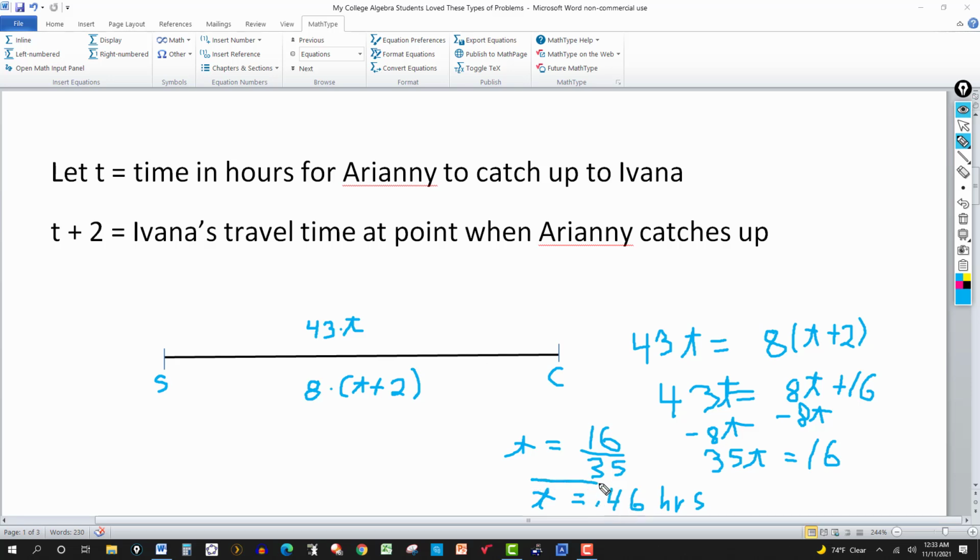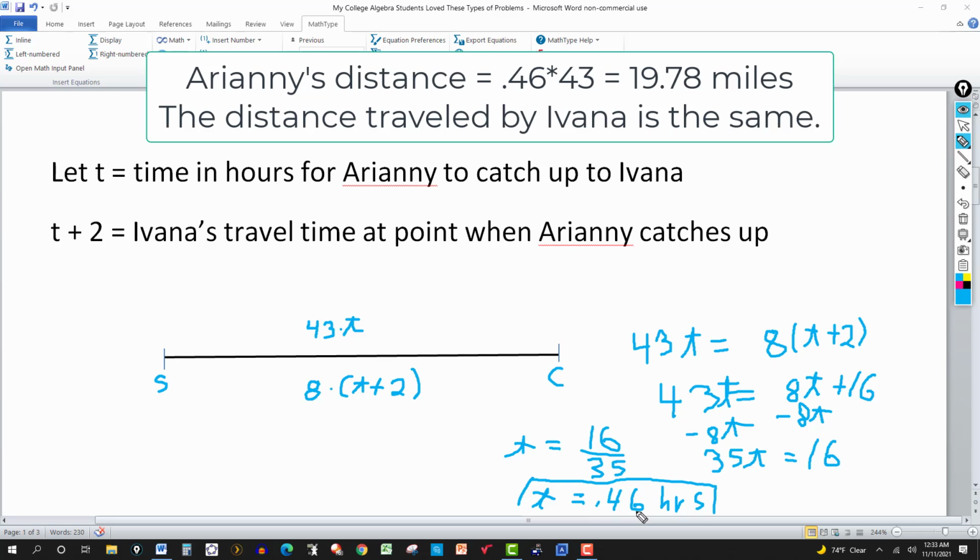Okay, so this is one answer to the problem. How long does it take everybody to catch up? So 0.46 hours, or approximately 27 minutes. And what distance have they traveled? Well, you can just multiply 0.46 by the rate for either one of those, and you're going to get just under 20 miles, 19.7 and 19.8, depending on how you round off.